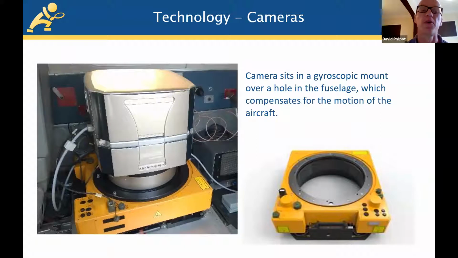Sitting underneath the camera, obviously you've got cameras in aircraft. Aircraft is a very unstable environment. It's moving around a lot. So we need something to dampen out the motion. So we have got a very sophisticated camera mount, which is gyrostabilized, and it compensates for the motion of the aircraft. So it keeps the camera as vertical to the ground as possible.